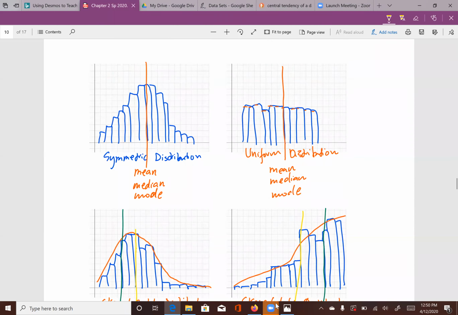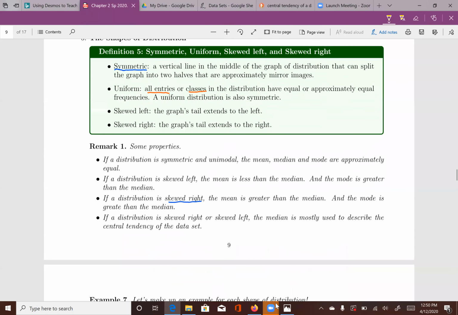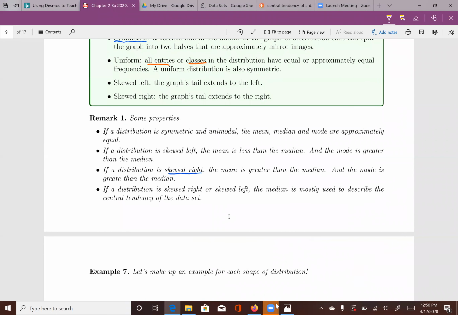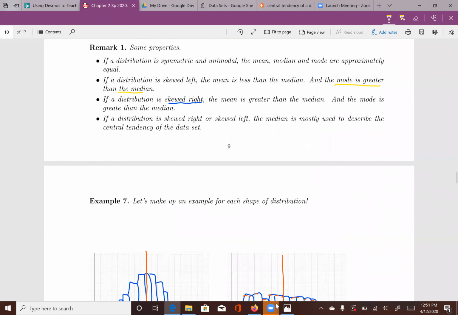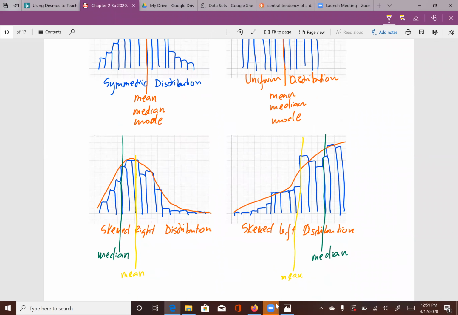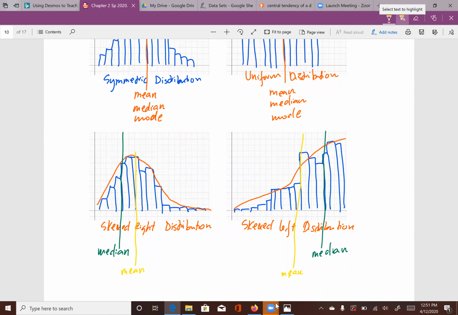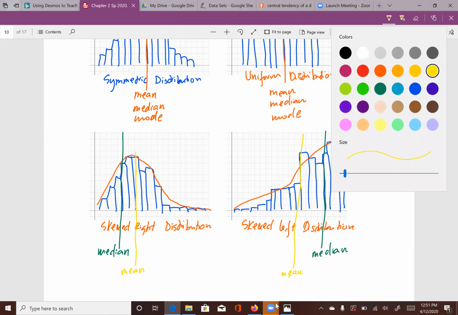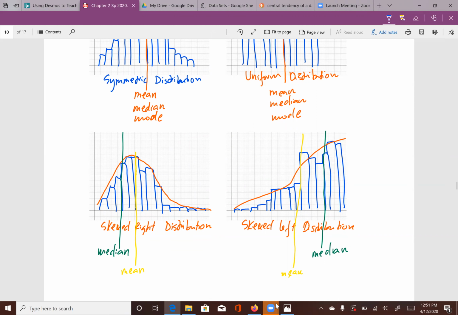What about the mode of the two skewed distributions? In most cases, in the skew left distribution the mode is greater than the median. In this case, this is the mode. Keep in mind that if you have a quantitative data set, you usually don't want to use the mode as your measure of central tendency.